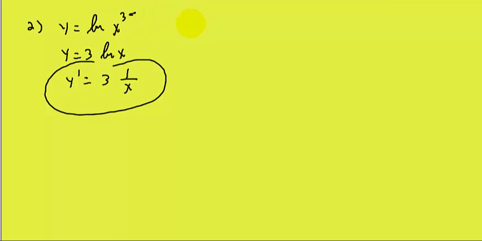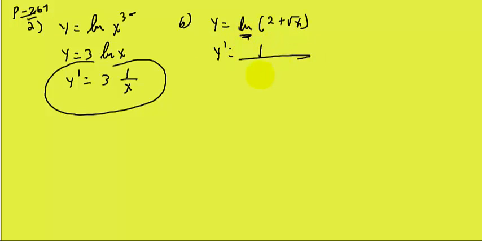Let's do number 6. Let's say y is equal to ln of 2 plus rad x. I am on page 267, for those of you that are using it as a reference. These are easy. So what is y prime? First of all, we're going to take the derivative of that, which is 1 over 2 plus rad x, times the derivative of the inside, because we're using the chain rule.